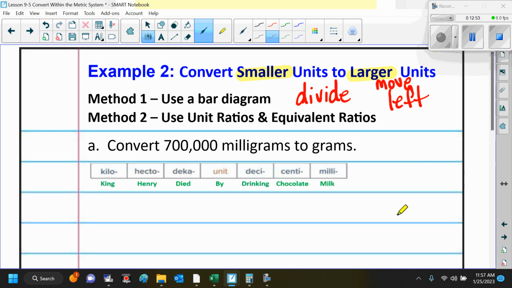All right. So here we want to convert 700,000 milligrams to grams.